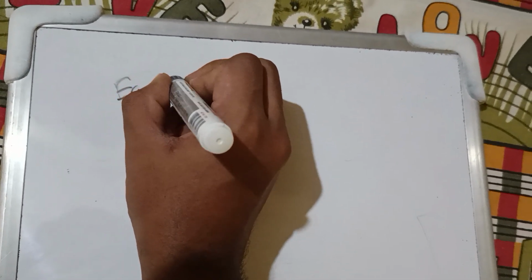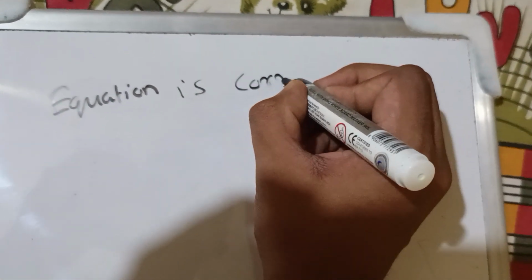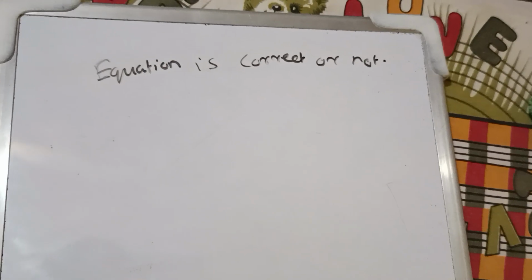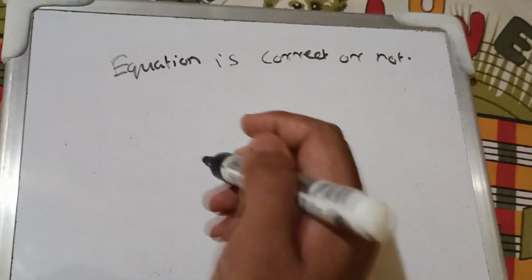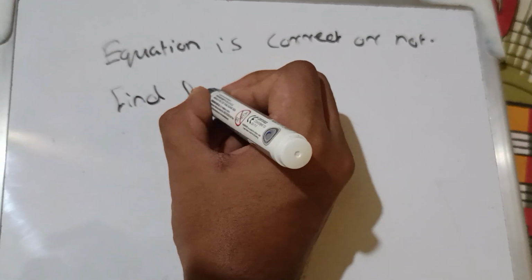Now we will talk about what the uses of having dimensional analysis in physics are. It helps to determine whether an equation is correct or not. So basically it helps us to determine the correctness of an equation. Then it helps us to find formulas.